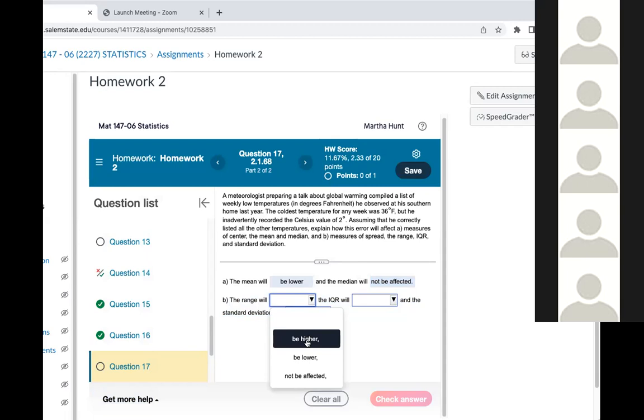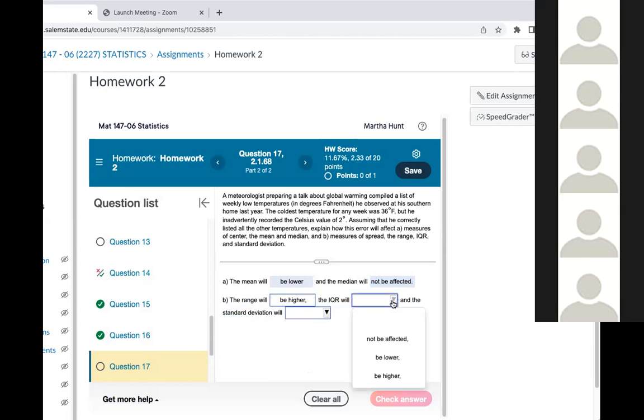Okay, so it will be higher. What about the IQR, which doesn't care about what's happening on the edges? It just looks at the middle. Is the IQR going to matter? No.